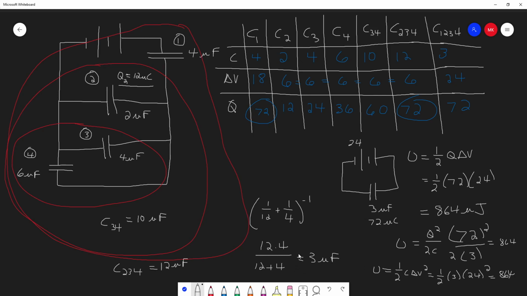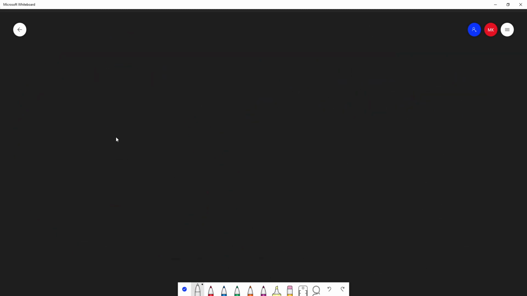All right. So moving on to the second open-ended question. Now, instead of capacitors, we have resistors. This is a pretty simple circuit.